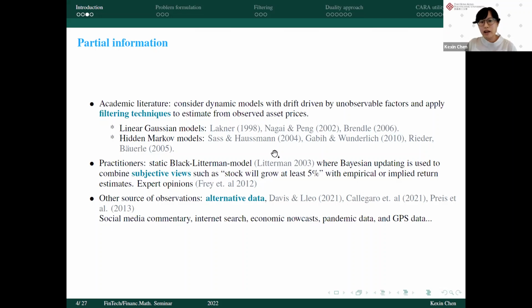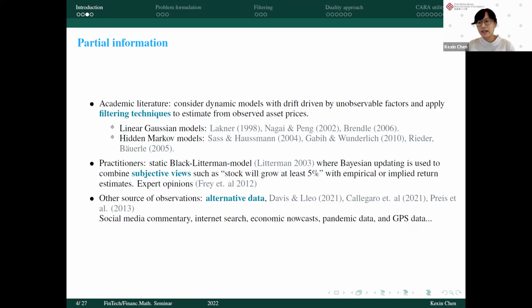These include studies on expert opinion, which is used by practitioners as an additional source of observation that combines subjective views with empirical estimates. In addition, social media commentary, academic data, and GPS data are also part of alternative data.